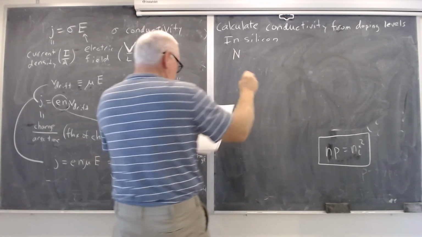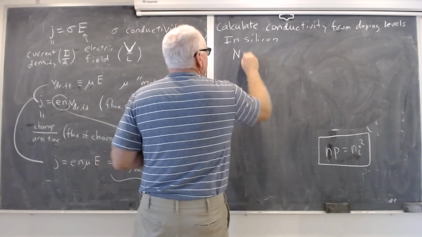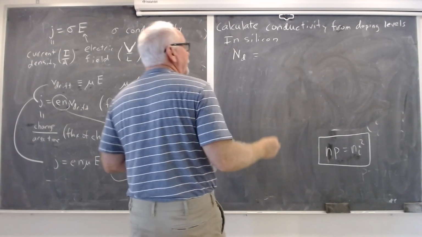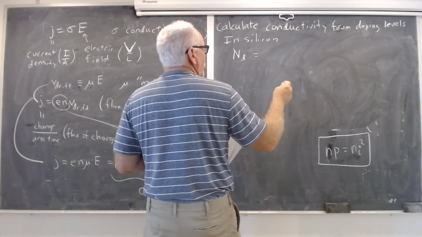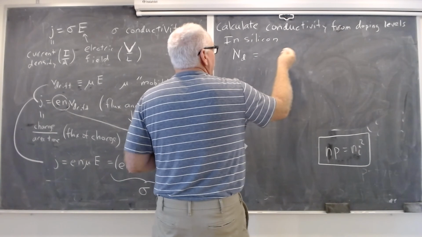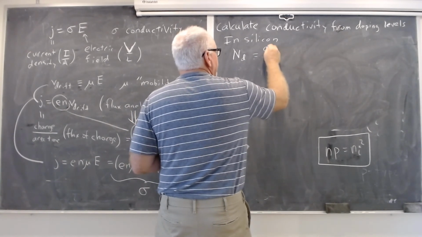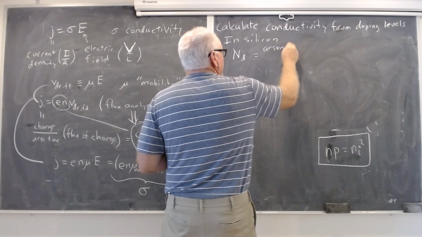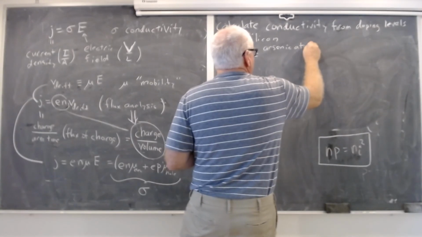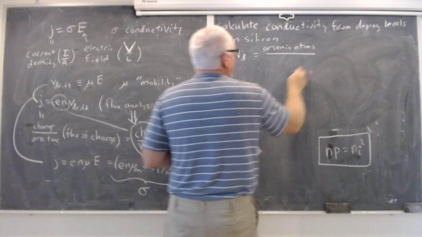N sub D would be, for example, the arsenic atoms per unit volume.